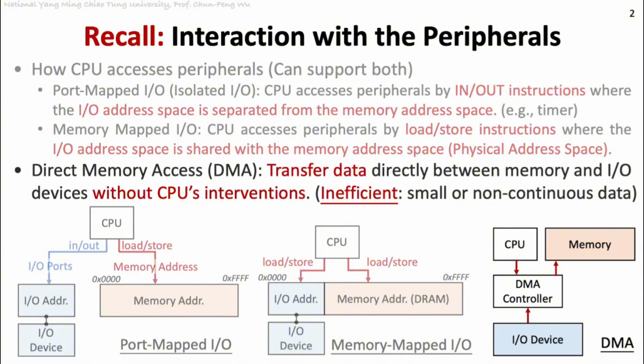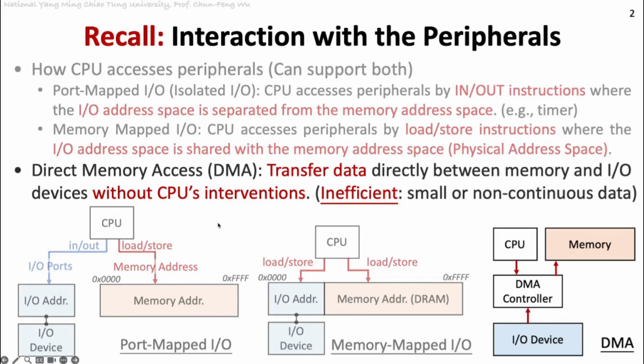So for example, if we are going to move 4 kilobytes of data from an I/O device to memory, then the CPU will tell the DMA controller, hey, let's start to move the data from a certain I/O address, and the size or the offset is how much, like 4 kilobytes. Then the DMA controller, after getting these instructions, will start to move the data from the I/O device to the memory.